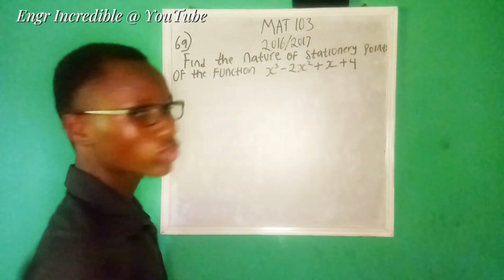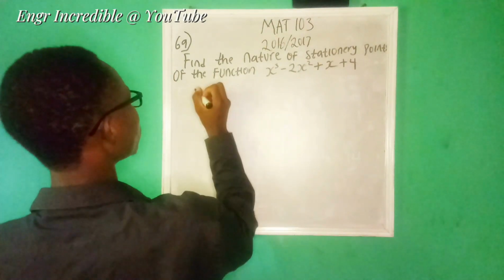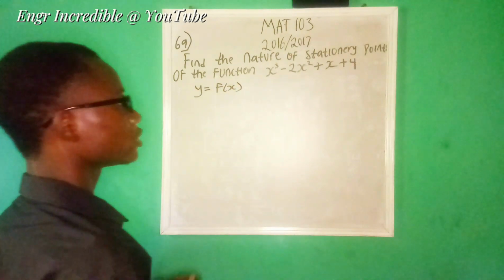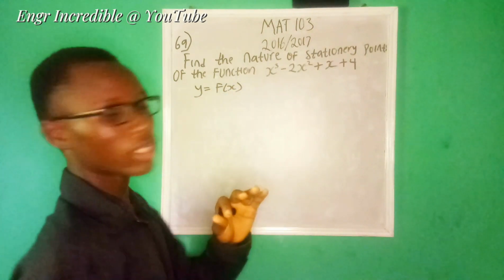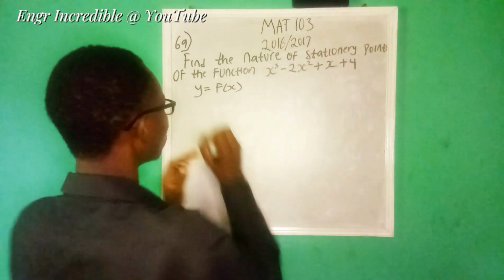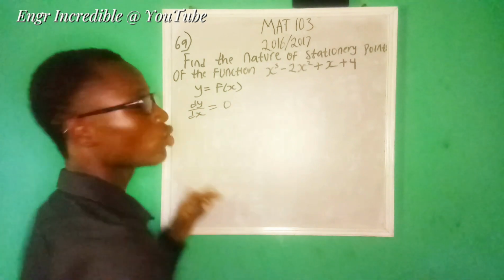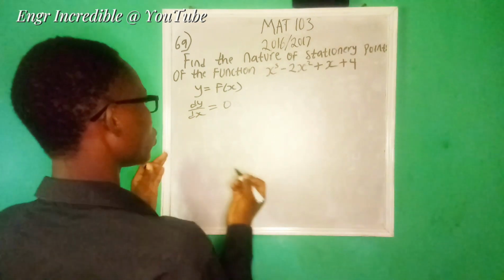And it has some certain rules. If we have y as a function of x, then to find stationary points, at the stationary point, dy/dx is equal to 0. That is a stationary point.